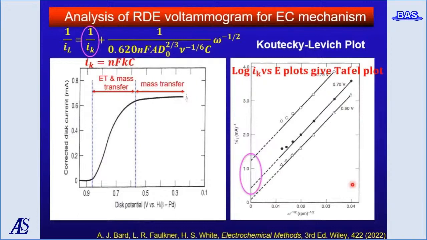In this case, there is a possibility of an EC mechanism, in which chemical reactions are occurring in addition to the electron transfer at the electrode. In this case, the chemical reaction rate can be determined from the intercept by plotting the inverse of the limiting current against the inverse square root of the rotation rate. This is called the Koutecky-Levich plot.